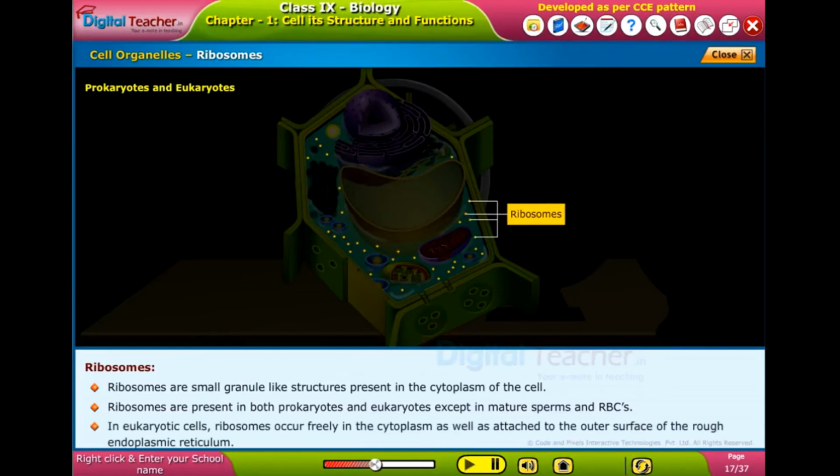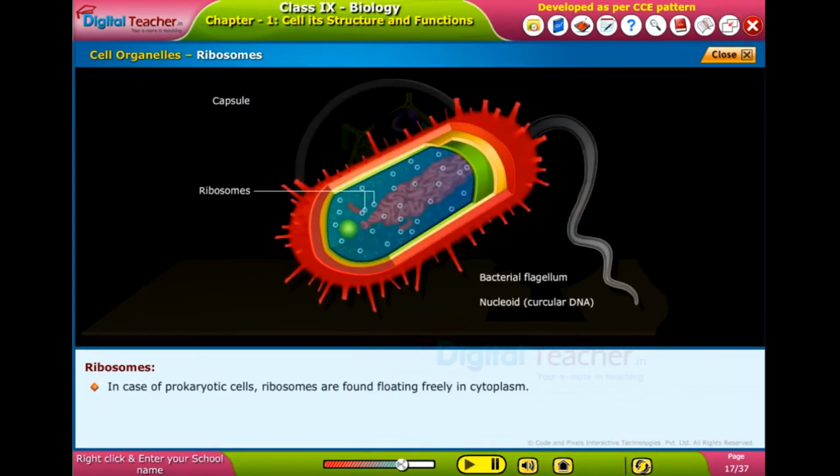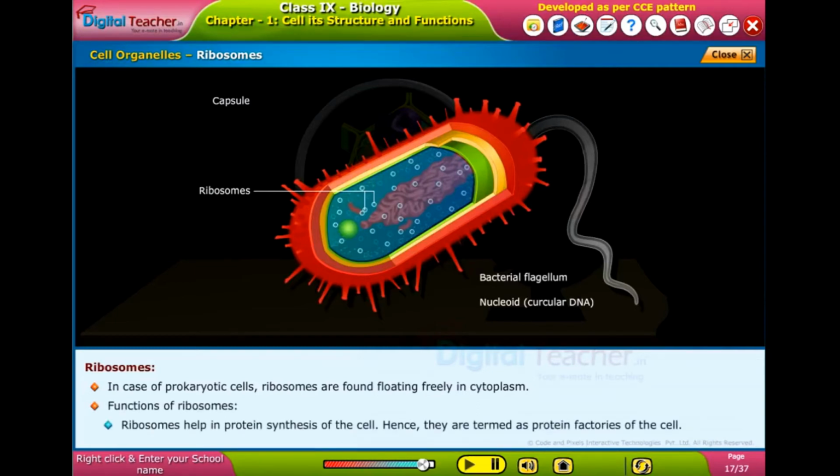In eukaryotic cells, ribosomes occur freely in the cytoplasm as well as attached to the outer surface of the rough endoplasmic reticulum. In case of prokaryotic cells, ribosomes are found floating freely in cytoplasm. Functions of ribosomes. Ribosomes help in protein synthesis of the cell. Hence, they are termed as protein factories of the cell.